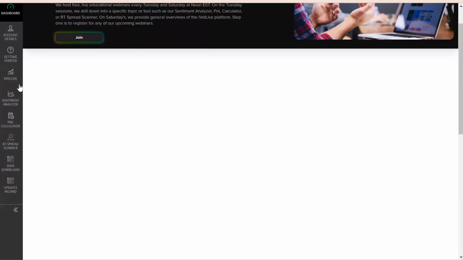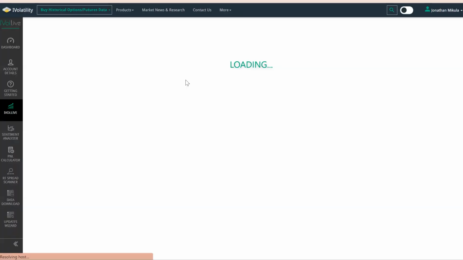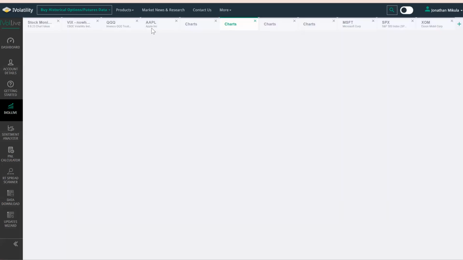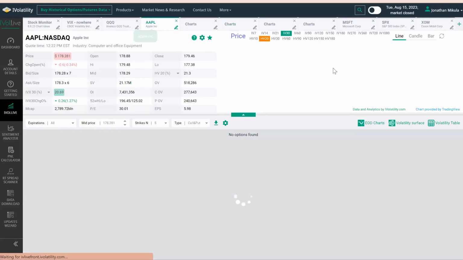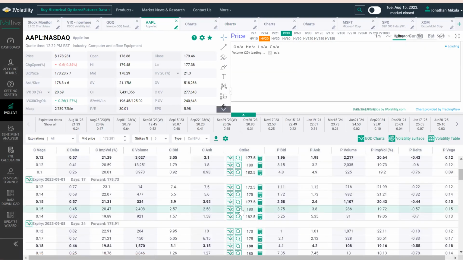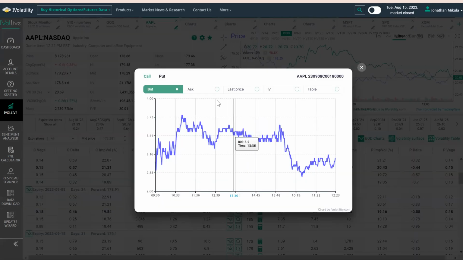Just to go back real quickly, I want to show you the tab that we had pulled up, so you can hammer this home, with our Apple tab. Let me scroll to that real quick. Another teachable moment: I've got multiple tabs going within IVolLive, so I don't lose my work on any given tab. But if we come here and scroll down to our expiration, here we go. This is essentially the same data.